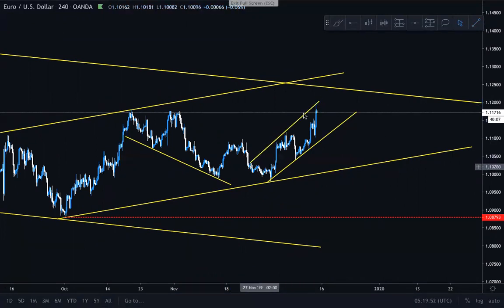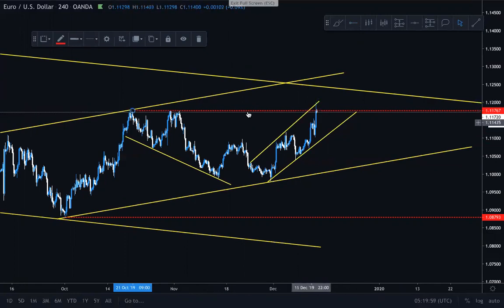We just got a 1, 2, 3 touch of that channel, which also comes in line with the daily double top. And ultimately you see a move up, middle section like here, move up to complete the pattern.